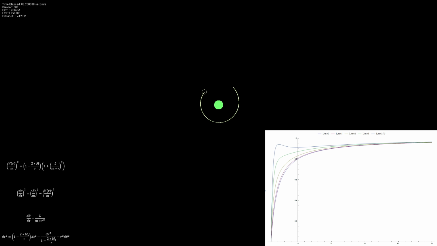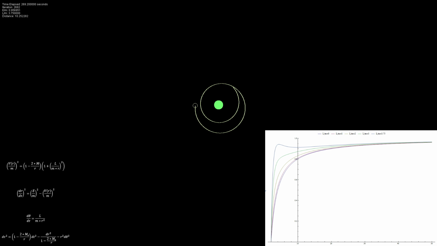There are certain points via L over m along the effective potential equation in which you can see it dips down a little bit before it comes back up. That area there is called a potential well.